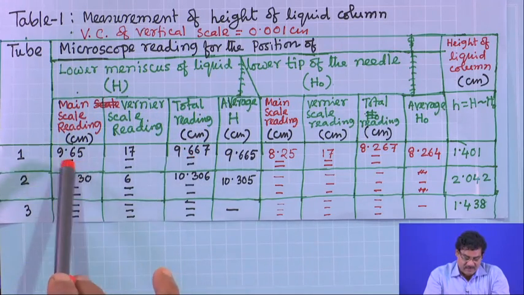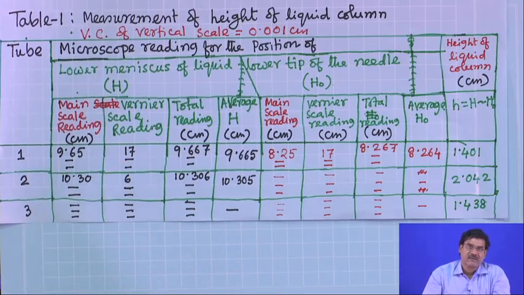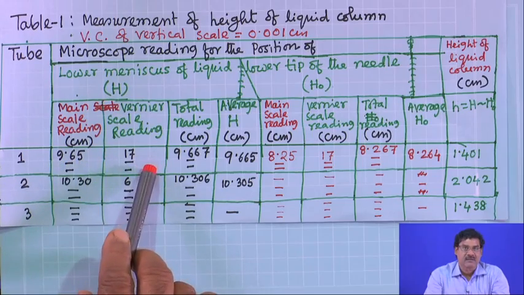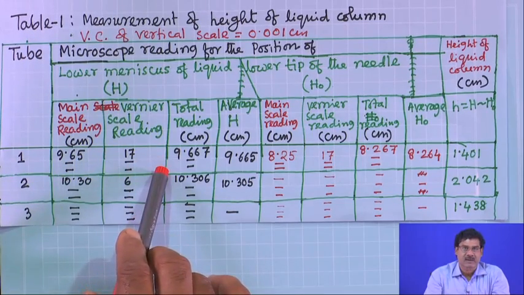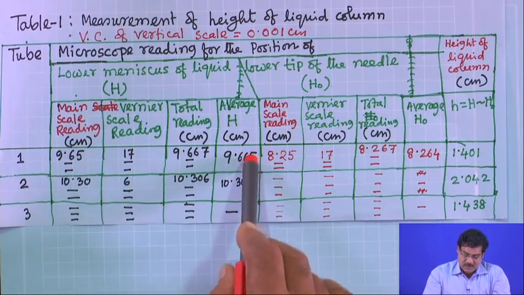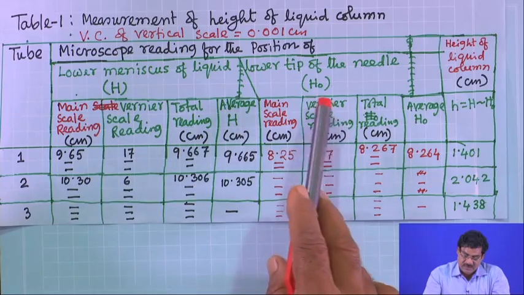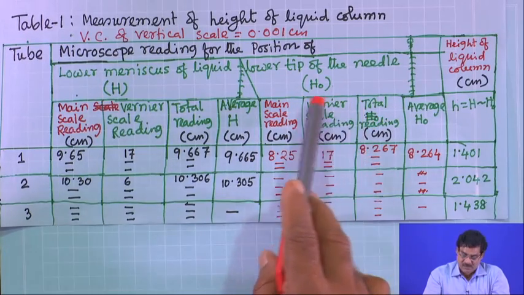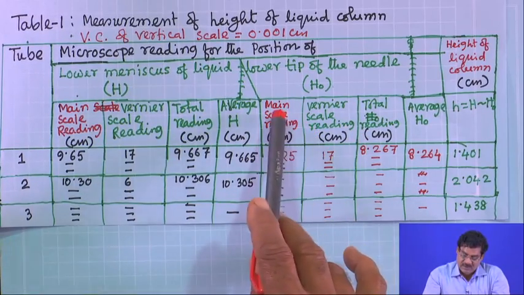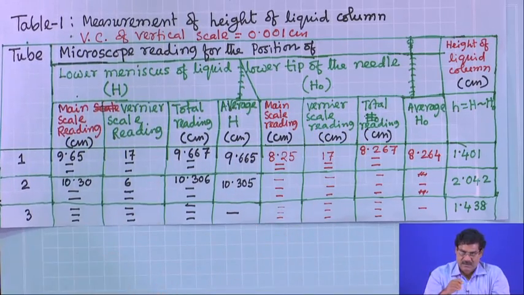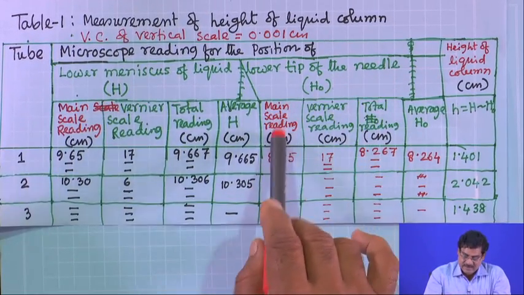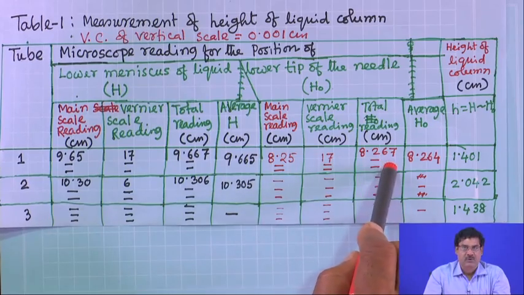For each tube you should take the reading 3 times and then take the average. Similarly for the lower tip of the needle, basically the top surface of the container, you focus the microscope at the lower tip of the needle and take the main scale reading, vernier scale reading, and total.